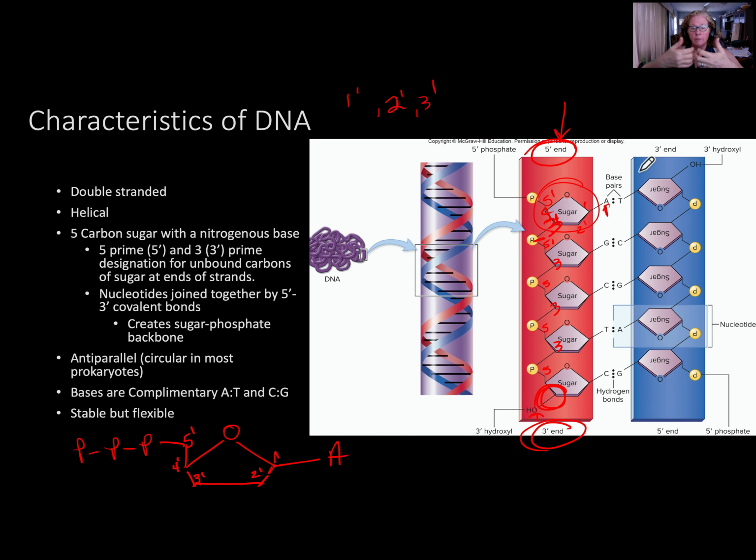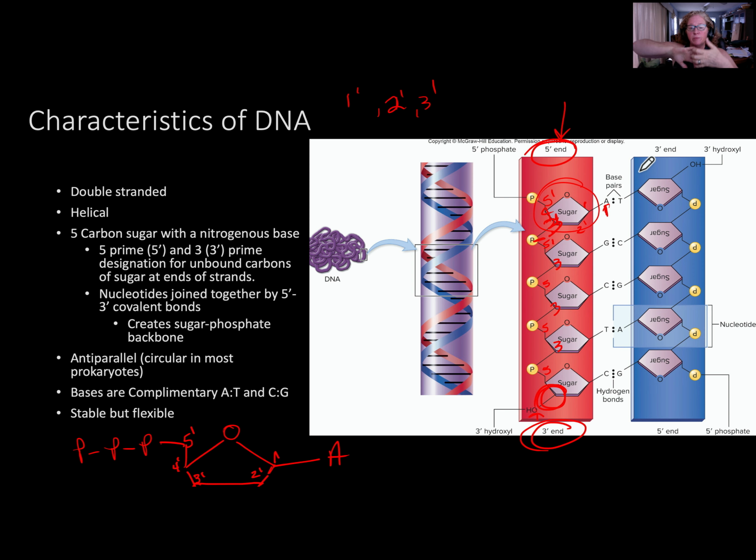So in order to get my bases to bind, I not only have to be parallel, but I have to be anti-parallel in the opposite direction. So by flipping it over like this, I have 5 prime here, 5 prime here. My 3 primes are in the opposite direction, but my bases are now together, and they're able to bind because they're now in the correct orientation.